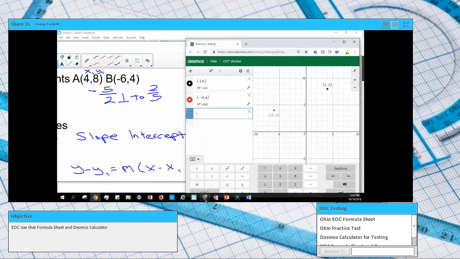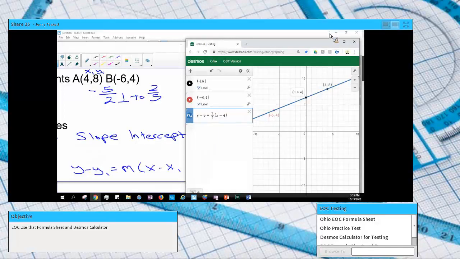Since I know my slope, I'm going to go y minus my y point value, 8, and I can go equal two-fifths, parentheses x minus the x value of 4. And then all I have to do is click, and I see that I was pretty close with the 6, but it's 6.4. It's a little bit above.